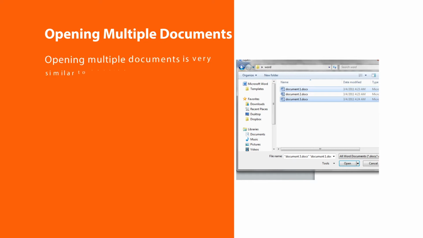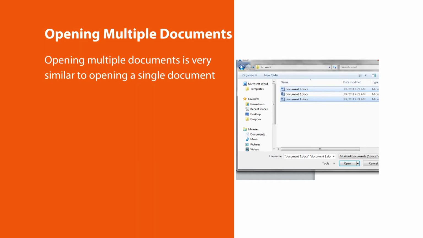So opening multiple documents. When we go into the particular folder or directory, the number of files comes, and we have to see which file we want to open. So accordingly we can do that. In this screen we see that we have got 3 files, and we try to open the files simultaneously.